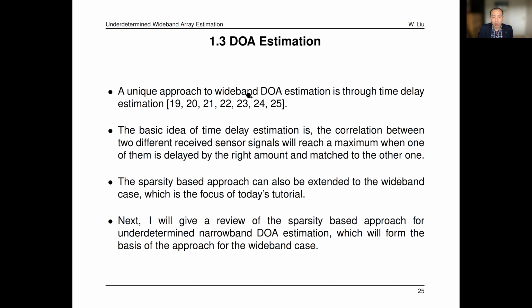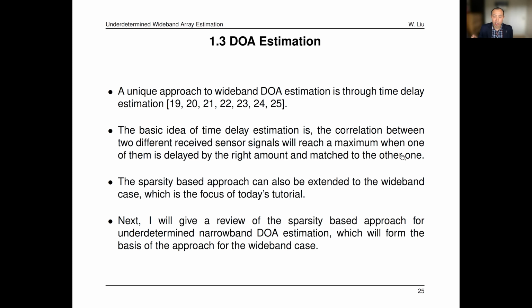Another unique approach to wideband DOA estimation is through time delay estimation. We estimate the time delay, and again, there are many methods available. The basic idea is that the correlation between two different received sensor signals will reach a maximum when one of them is delayed by the right amount and matched to the other one.